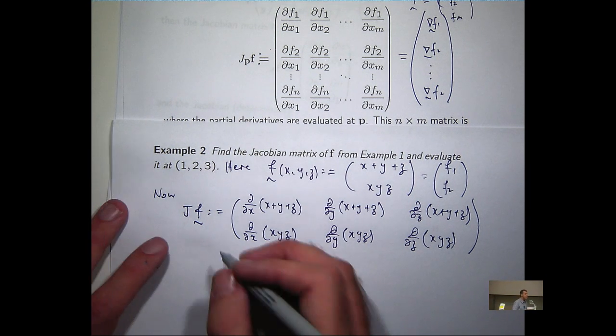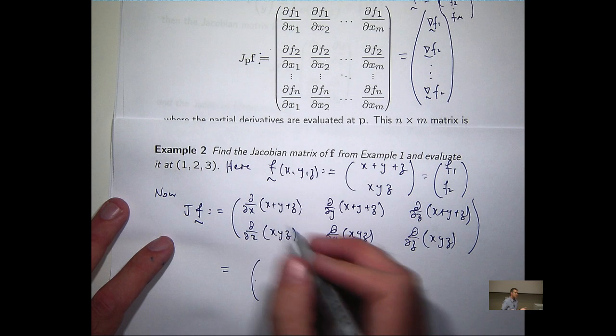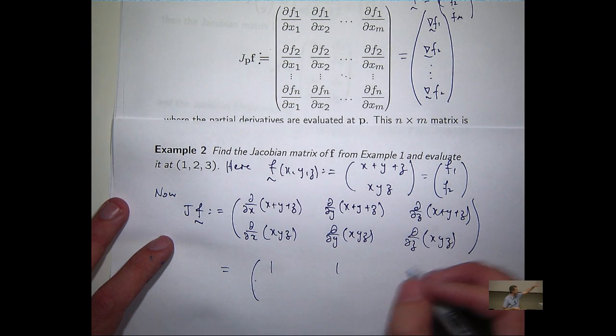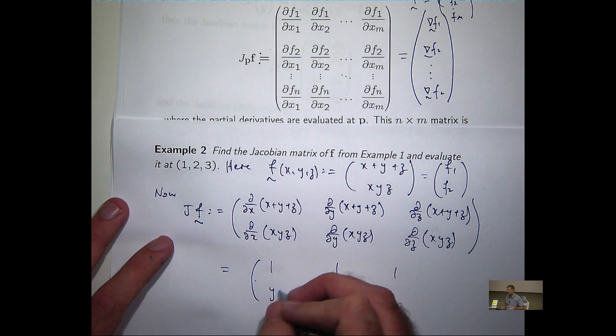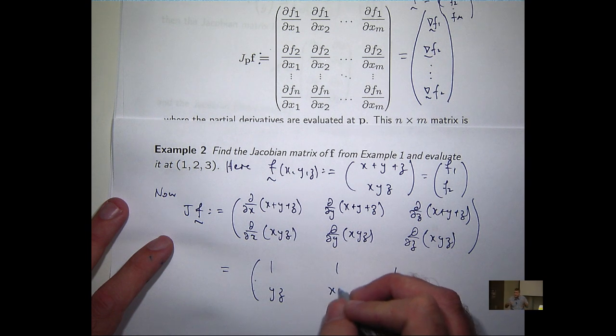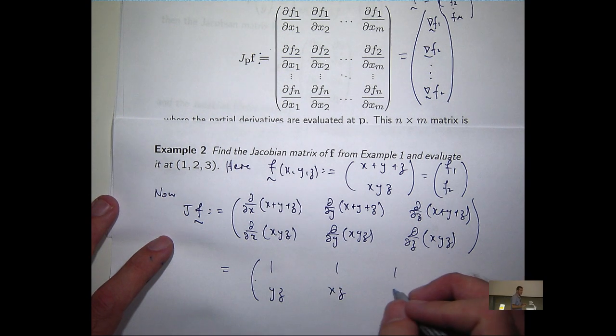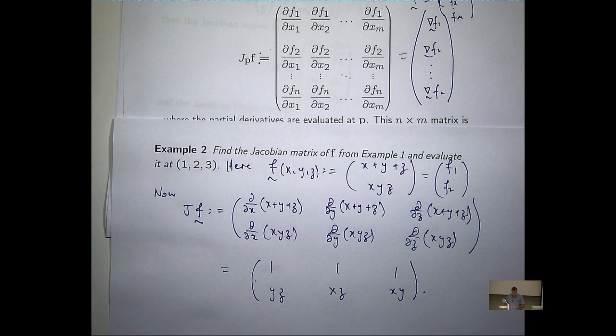So I'm going to get 1, 1, 1, yz, xz, and xy.